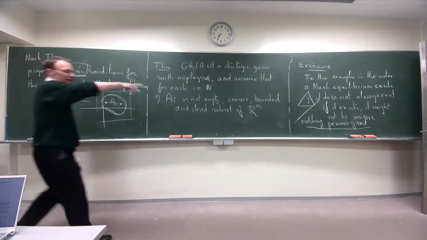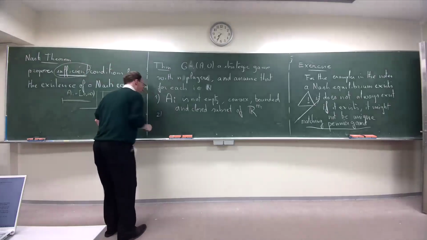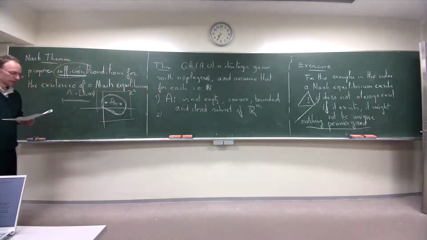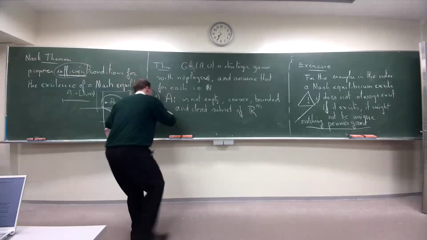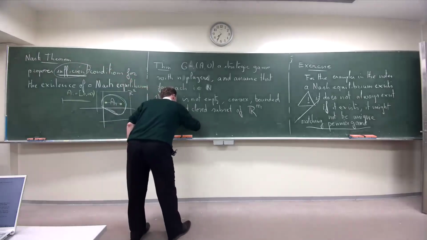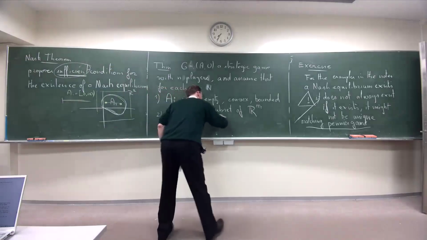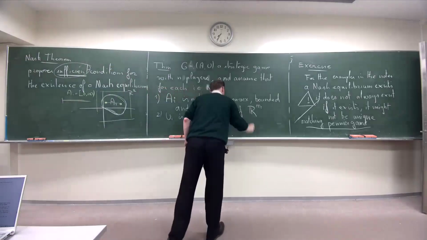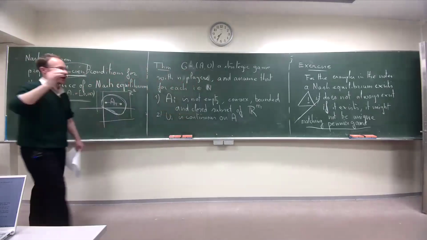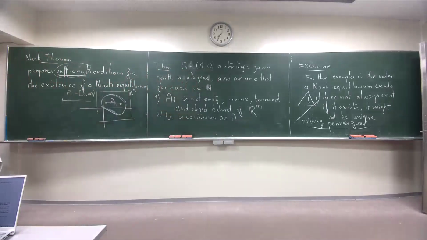Okay, but still, this is one condition that Nash proposed. The utility function is continuous on A. A is a collection of A1 and A2 and A3 up to An. I introduced it. So it's a continuous function on this set.